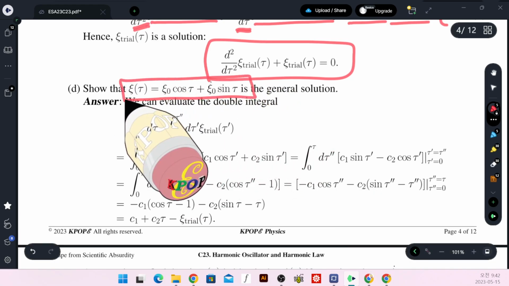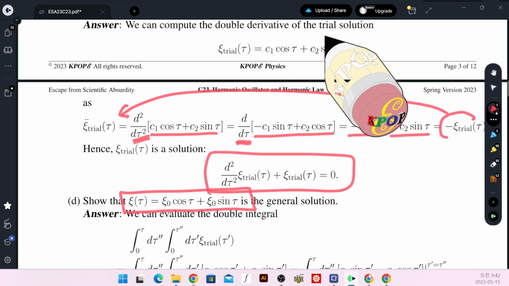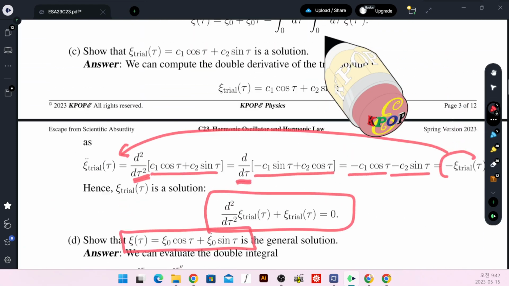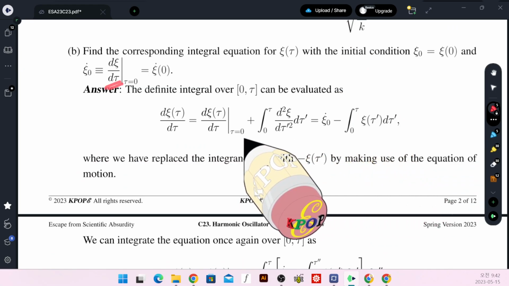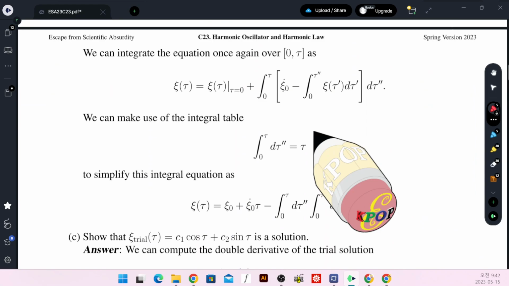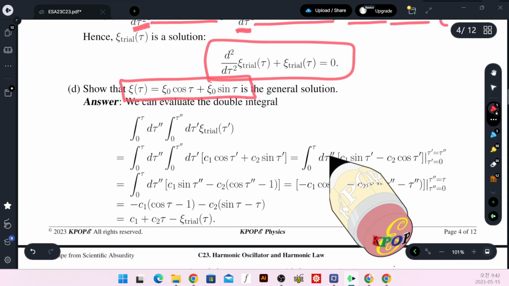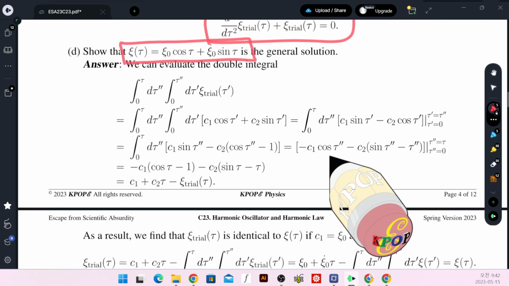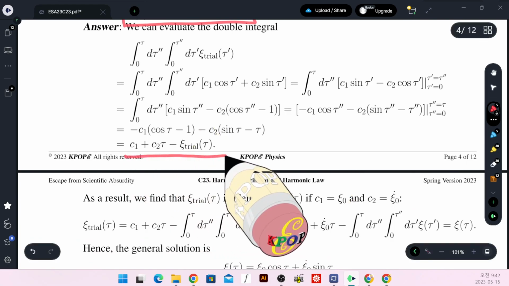Let's see, we have this linear combination, and we have developed a way to find the relation by integration in problem B. And we make use of the result of B to find the result of C, which can be converted into this kind of form.